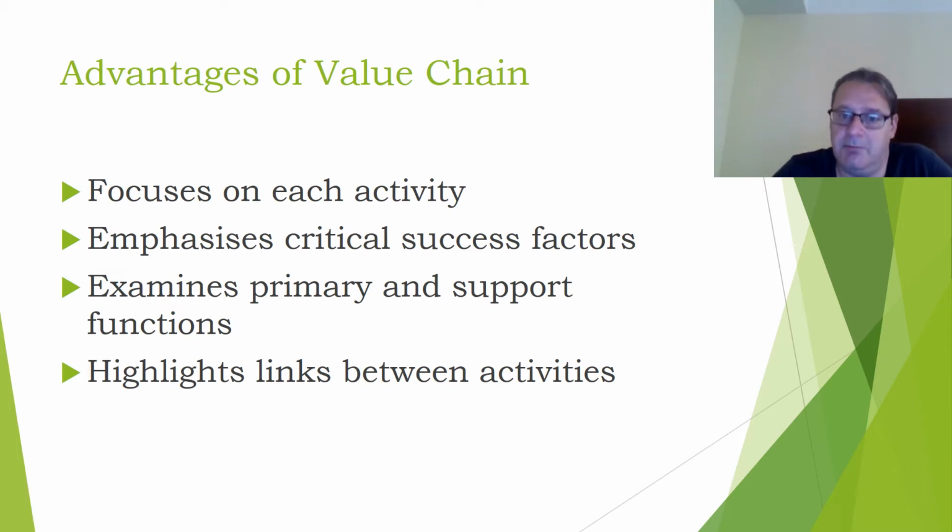And that bit between, how do you get the components from the warehouse to the conveyor, is probably something that doesn't fall under any particular individual's remit. So therefore, it'll often highlight areas where there's just simply a lack of control and a lack of, what's the word I'm looking for? Responsibility. I was going to say authorization. Responsibility. So the value chain, therefore, emphasizes the critical success factors, examines primary and support functions as well.